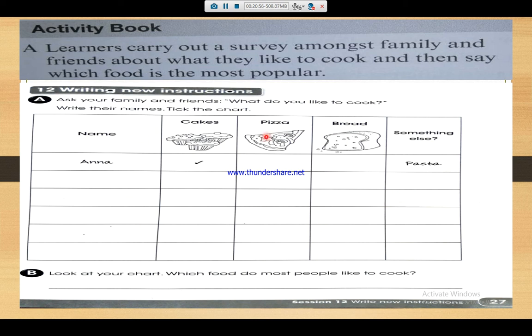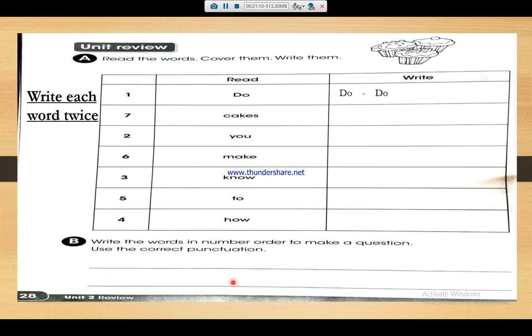After doing the survey, you are going to write here which food you think most people like to cook, okay? And I think that most people like to cook cakes. Nice, that's very good.